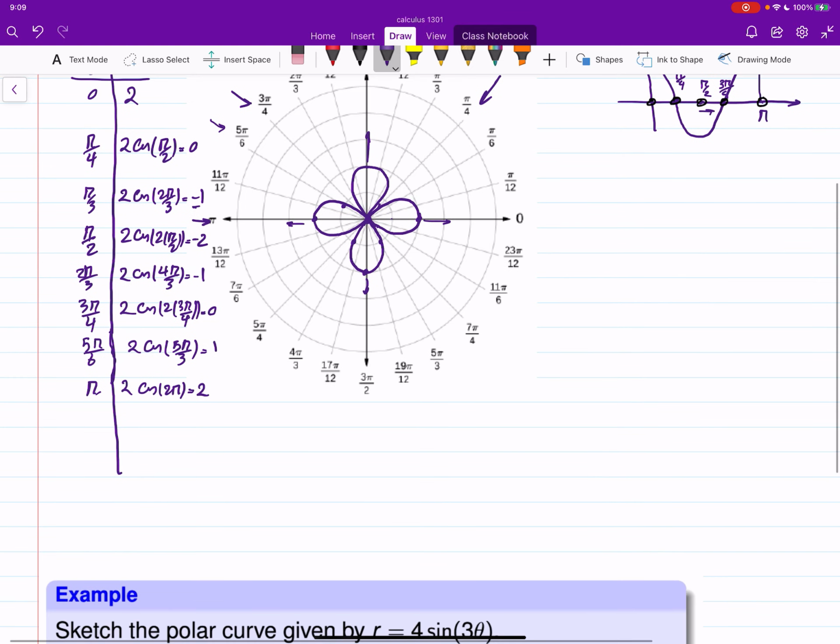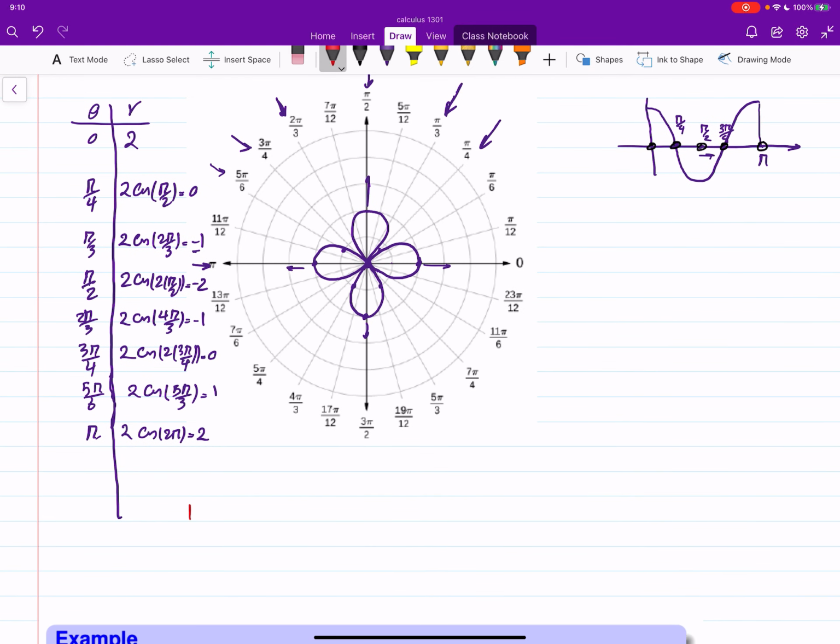Okay. And in general, let me just write it here. r equals a cosine of b theta, or r equals a sine of b theta, for b not equal to 1 gives us roses.